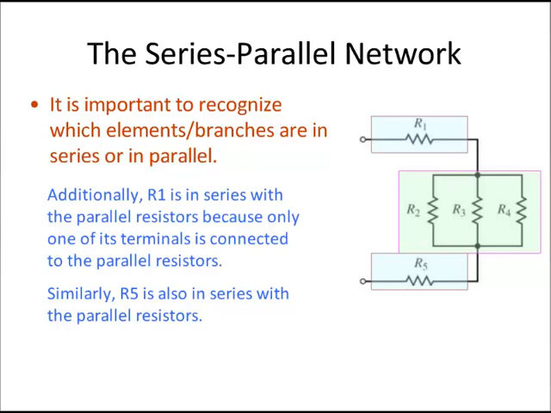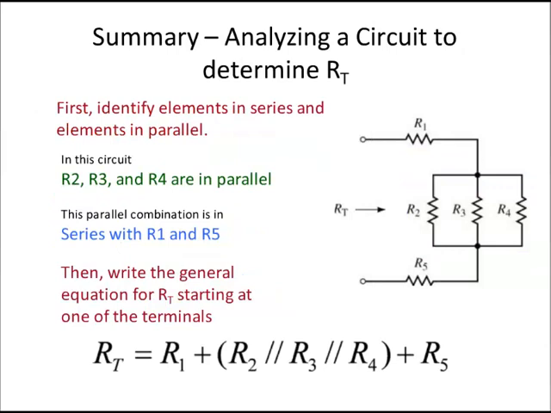So because only one of the terminals of R1 and R5 is connected to the parallel resistors, R1 and R5 are said to be in series with the parallel resistors. So to summarize, R2, R3, and R4 are in parallel, and this parallel combination is in series with R1 and R5.